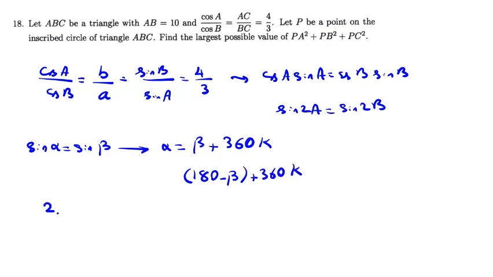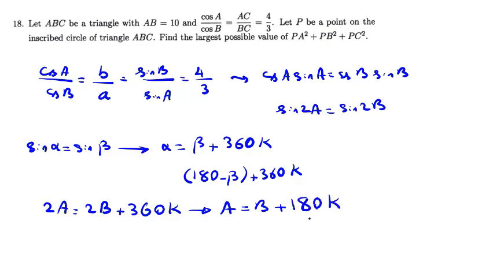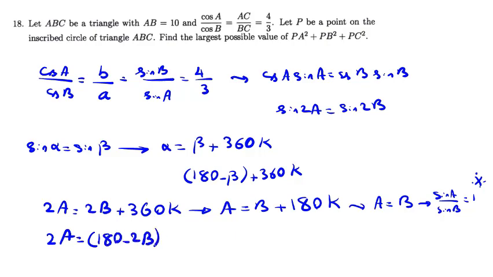Now, here we say 2A equals 2B plus 360k. So in this case, we conclude A equals B plus 180k. Because A and B are angles of the triangle, we conclude in this case A equals B. But in this case that A equals B, then sine A over sine B equals 1. That's a contradiction.